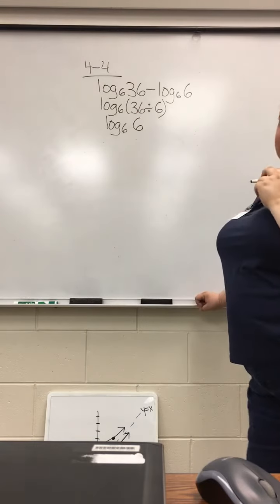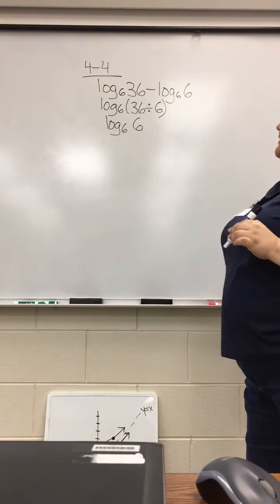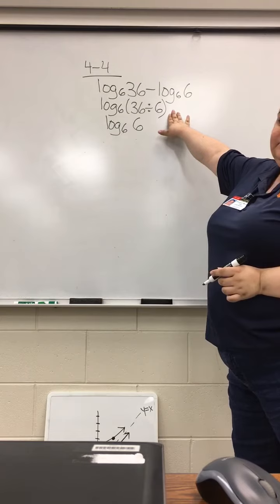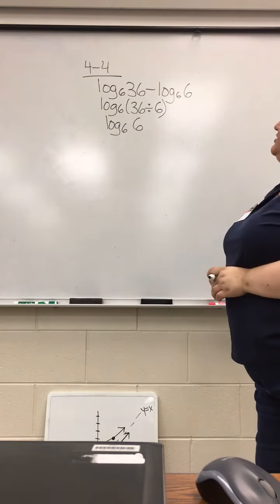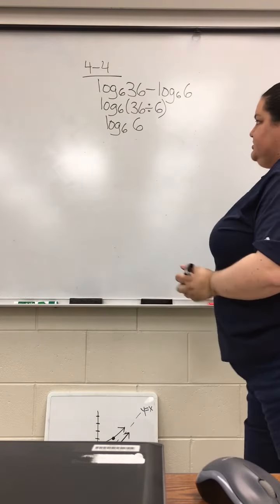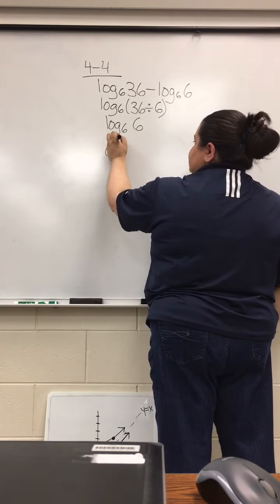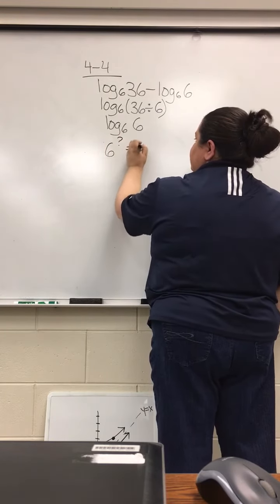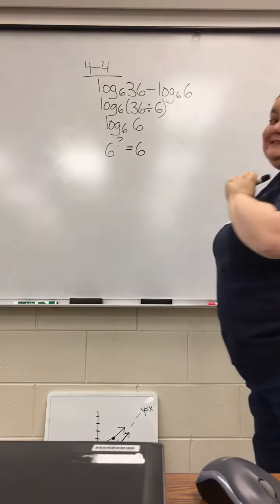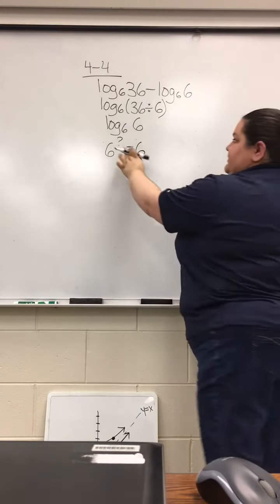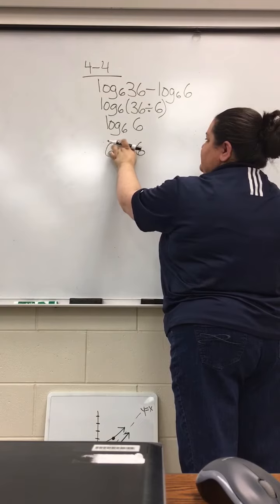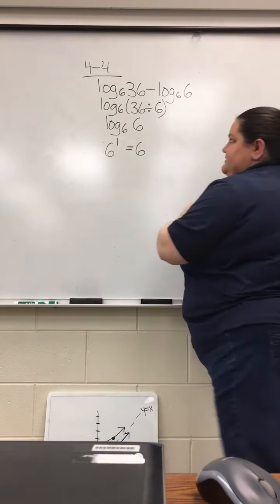So now what you're going to do is just like you did in the last problem. The only difference is the multiplication and the division. Now what you're going to do here is take this as your base and say 6 to what power equals 6. Okay, this one's easy. As you know, 6 to the first power equals 6.